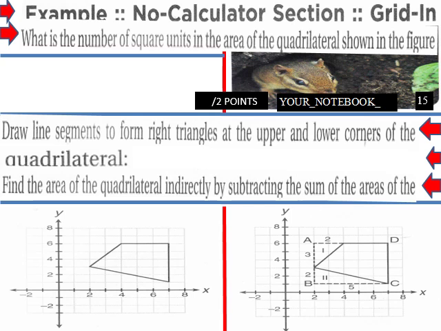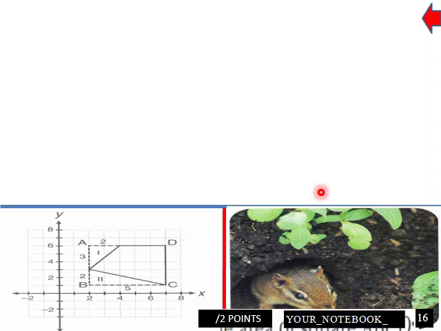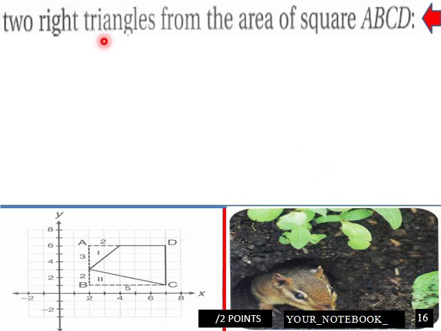Find the area of the quadrilateral indirectly by subtracting the sum of the areas of the 2 right triangles from the area of the square.